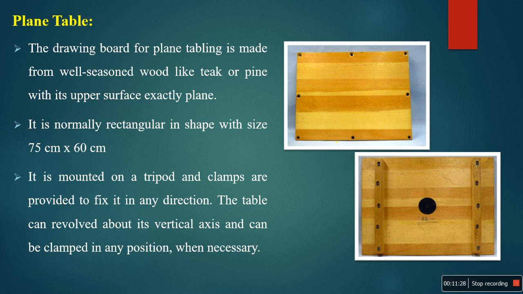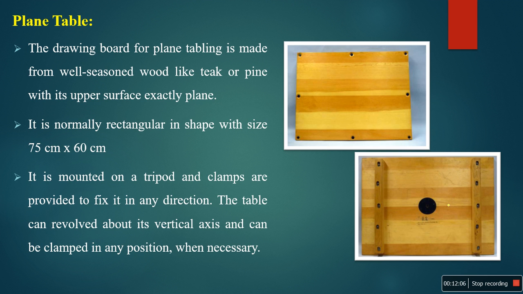At the center there is the clamping arrangement by which the plane table is attached to the tripod legs. The table can be revolved about its vertical axis and can be clamped in any position when necessary. If you attach the plane table to the tripod, there are clamps; by tightening them you can fix the plane table in a direction.